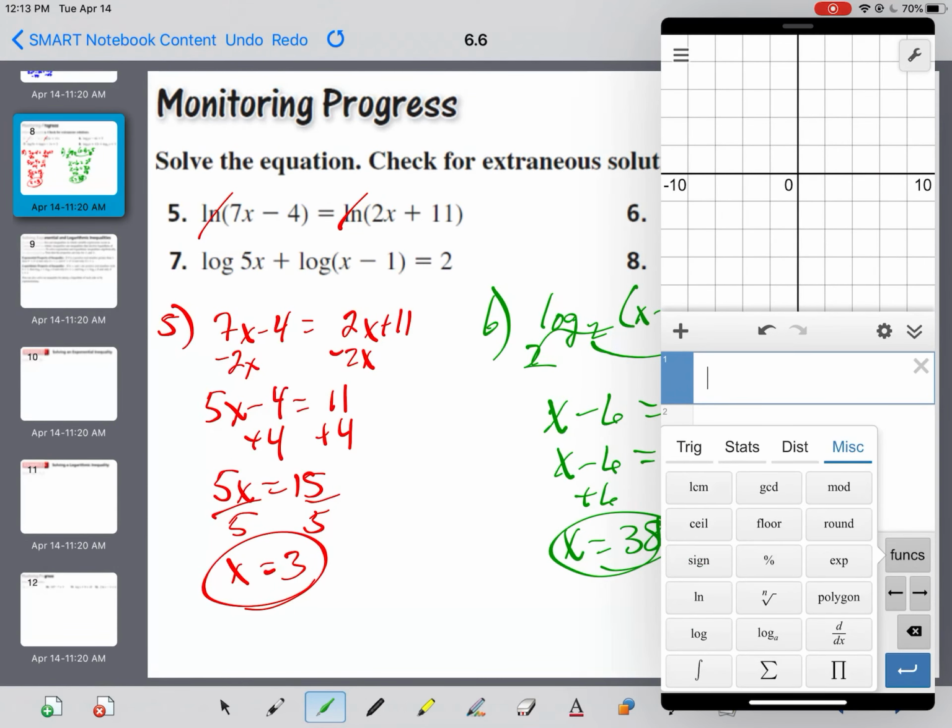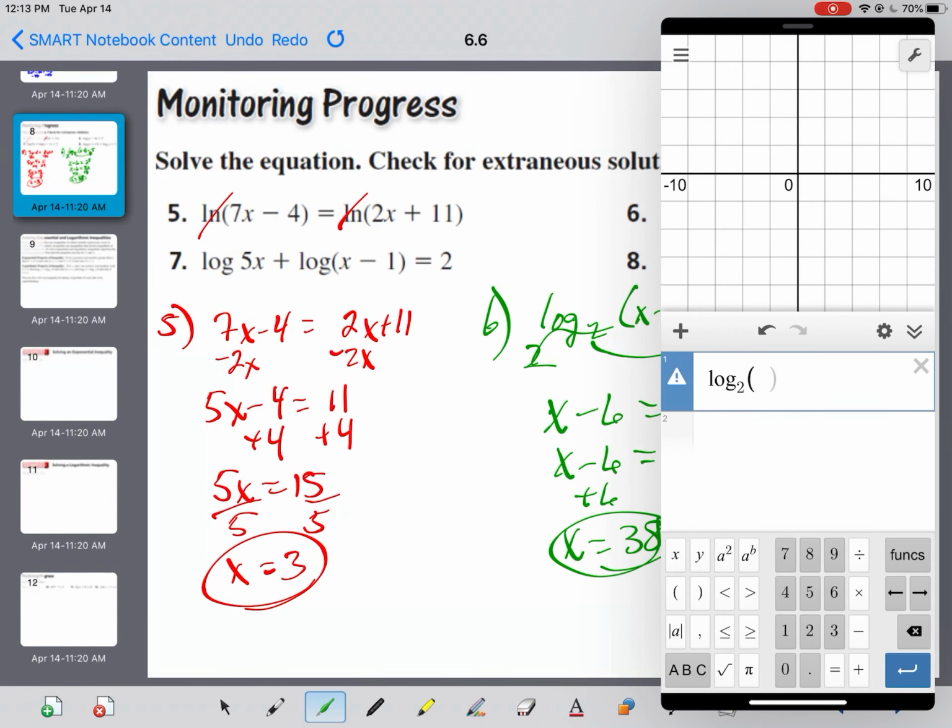Only got one answer, so I doubt that it's extraneous, but I could plug it in the calculator and make sure that it works. Log base 2 of 38 minus 6. And we got a 5, so we're good to go.